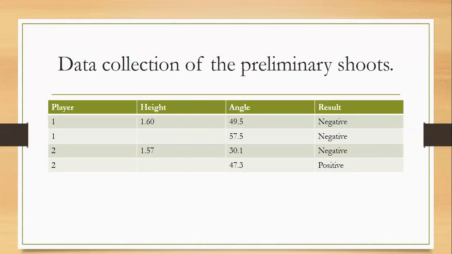After that, the second player, who made the first shot with the first player, has a negative result with an angle of 30.1 degrees, and this second player has a height of 1.57 meters. The second shot, the one that we made after the analysis, was positive and has an angle of 47.3 degrees.